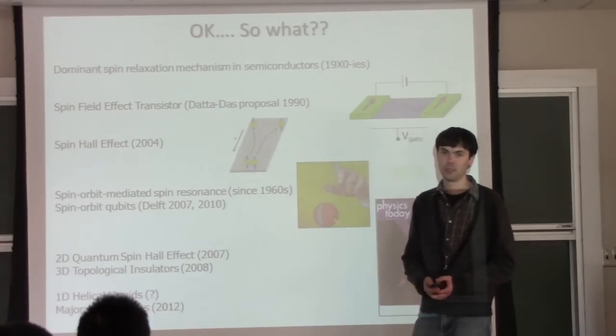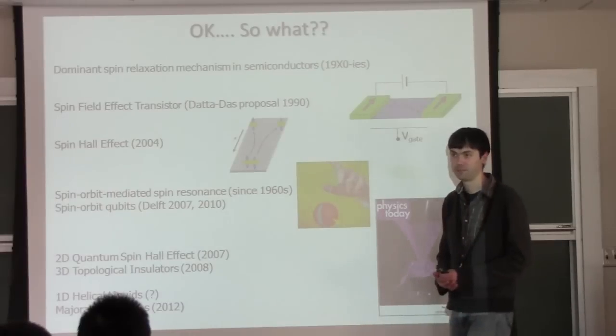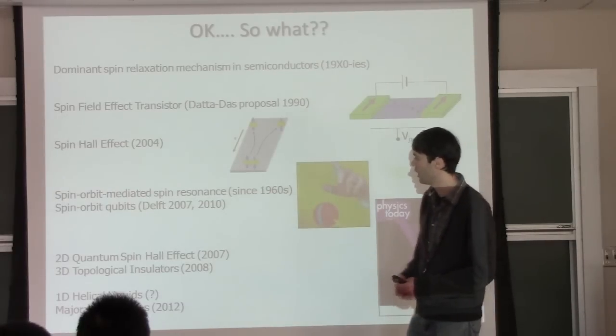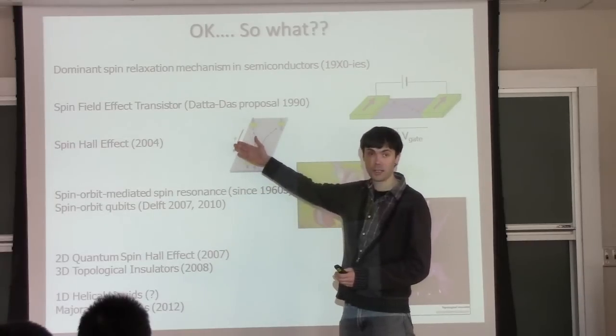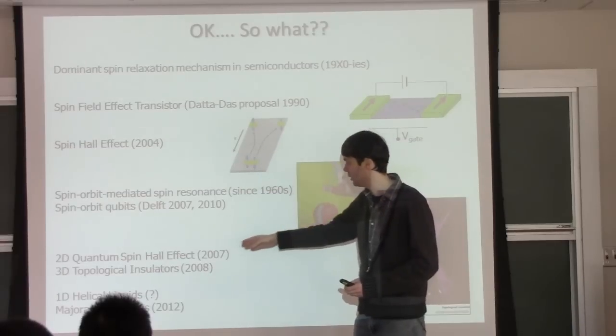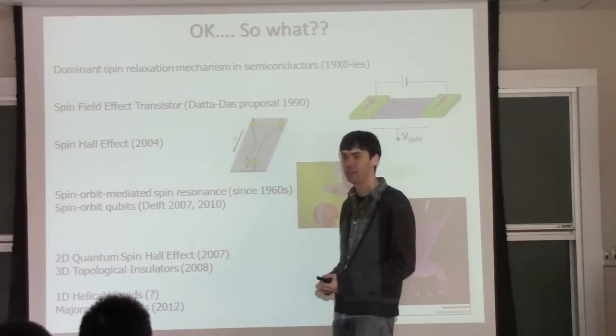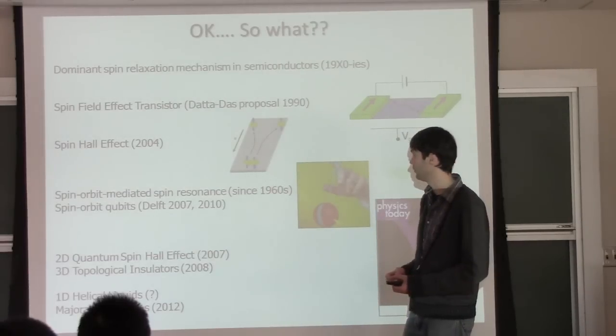In all of those, an important ingredient is spin-orbit interaction. So quantum spin Hall effect is a quantum limit of this effect, much like the quantum Hall effect is the quantum limit of normal Hall effect. So in this case, you have edge states which have a chiral spin character.